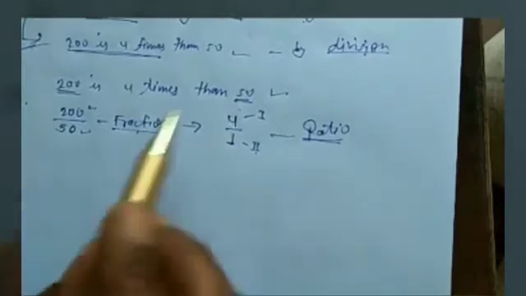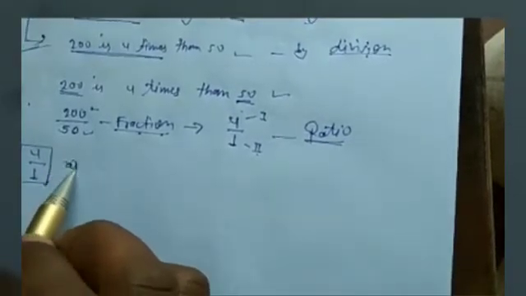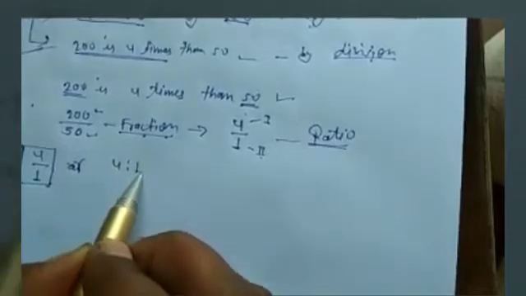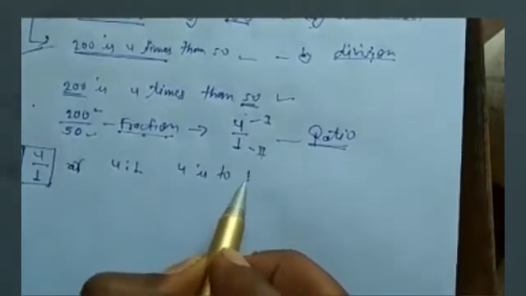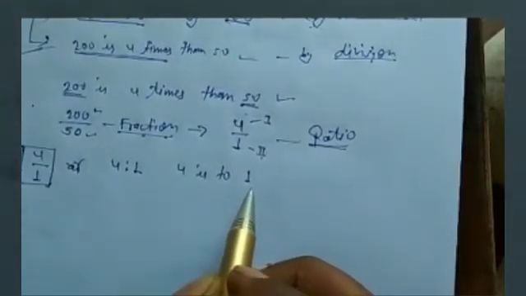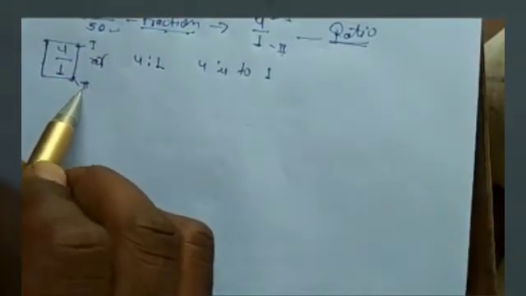Take an example. This is 4 upon 1. This is a ratio. This ratio we can represent as 4 is to 1. Now in this expression, this term is called the first term and this is the second term.